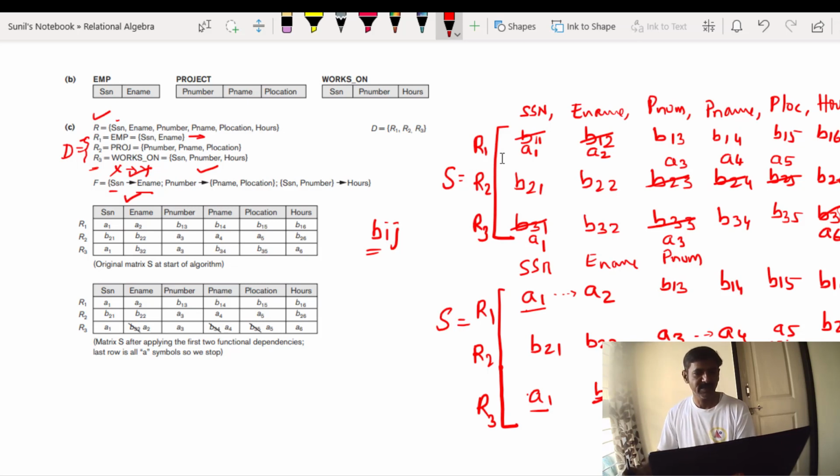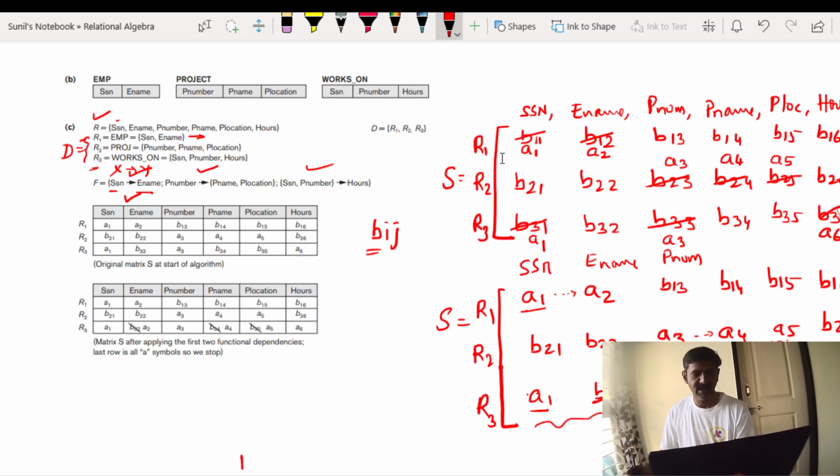Once you apply this functional dependency, you will see that the last row has all A's. So you are done. You don't need to apply the last functional dependency anymore. At least one row has to be all A's.